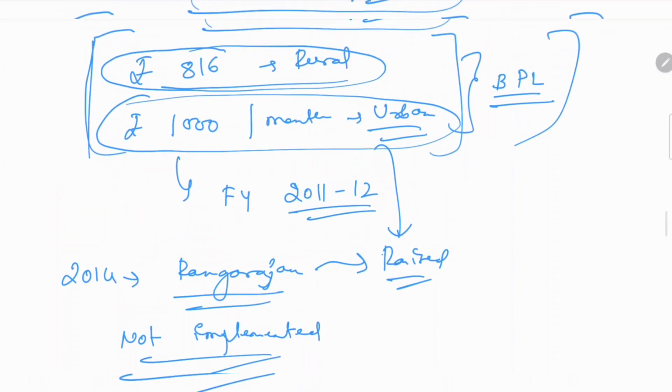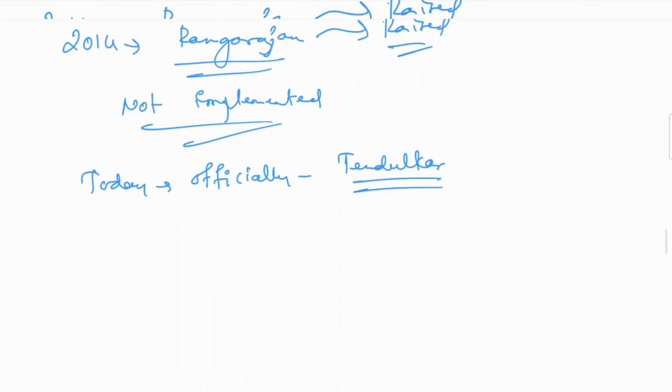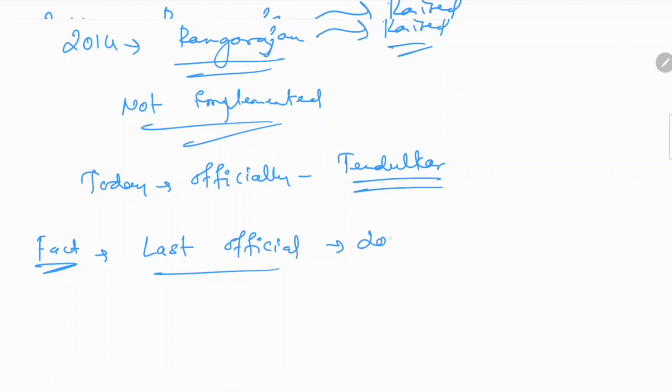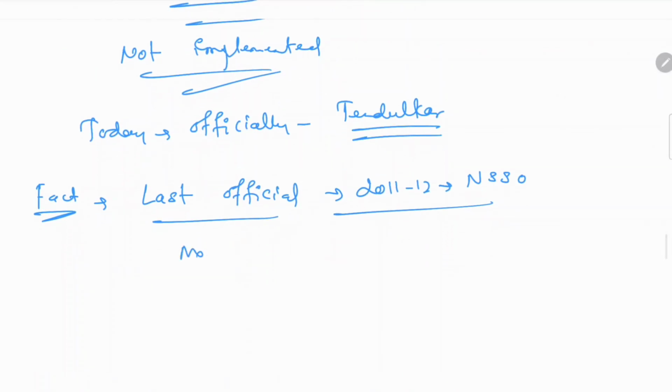Thus even today, officially, remember these words, officially we are following the Tendulkar committee method. This you must know. Another fact to be remembered is that our last official poverty estimation was done in the year 2011-12 by the NSSO, based on the monthly consumption expenditure survey.